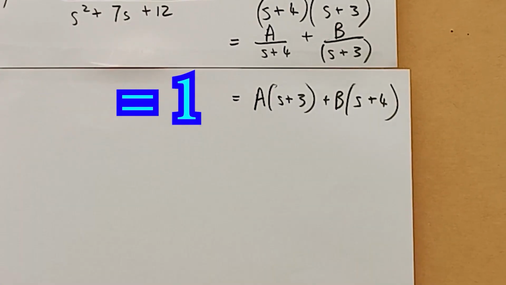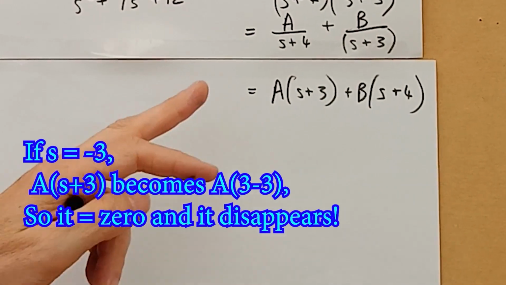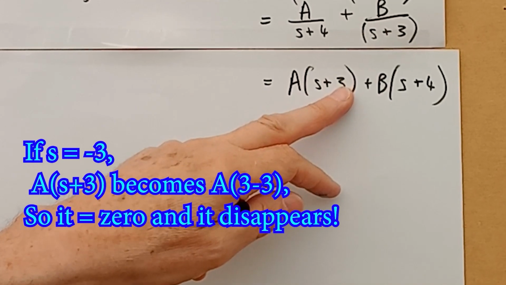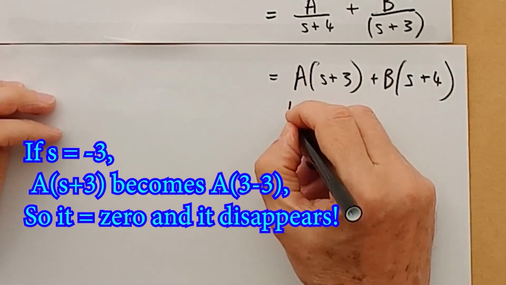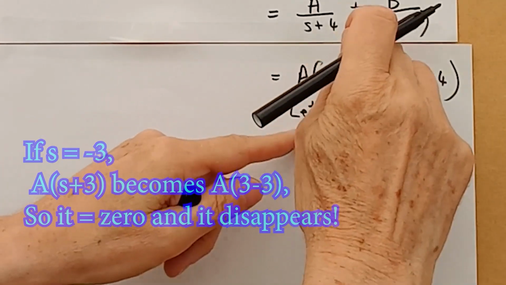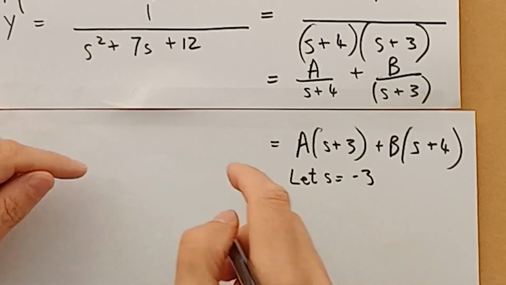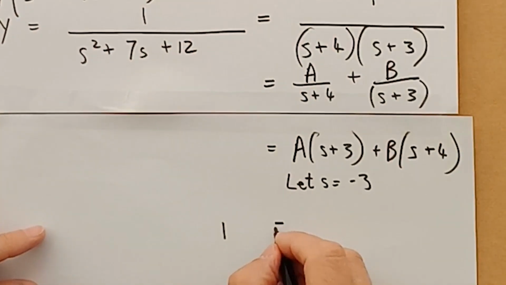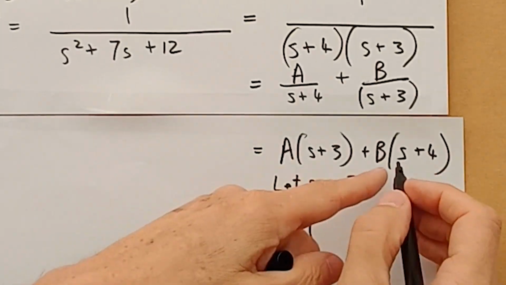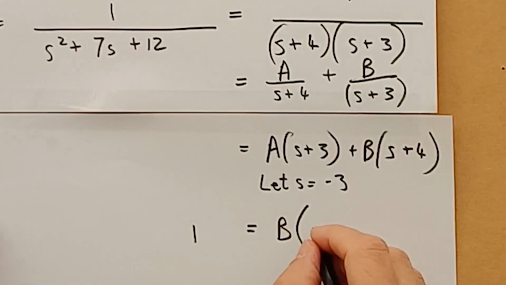We could equate coefficients, or we could substitute a value for s in. Let's substitute a value for s. Let's let s equals minus 3. So let s equals minus 3, and that disappears, and you're left with 1, because we multiplied, equals B times minus 3 plus 4, which is 1.